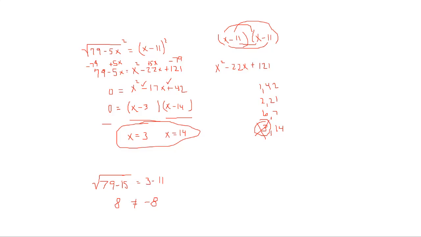So what did we learn here? We learned that anytime we solve an equation that has a square root in it, we have got to always check our solutions, because it is possible to get what are known as extraneous solutions, and extraneous solutions will not check. They're not valid solutions. Let me repeat that.